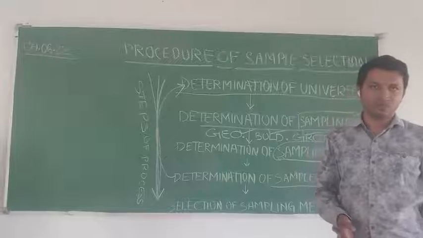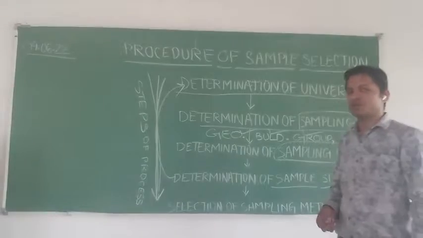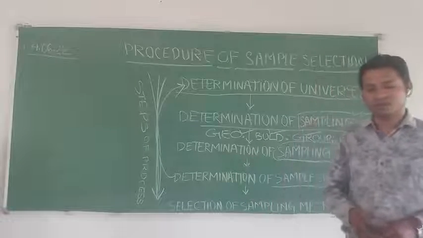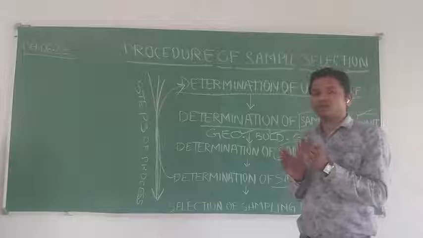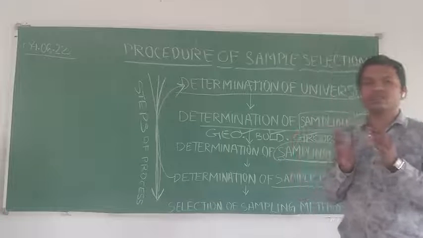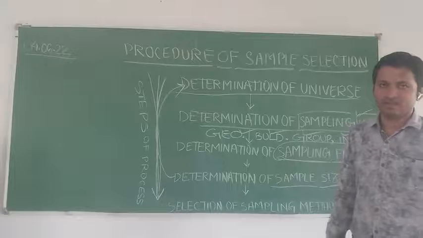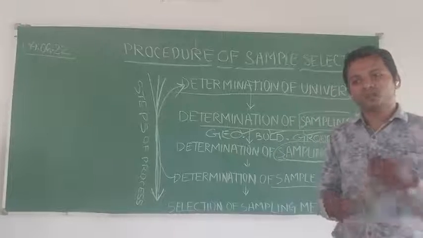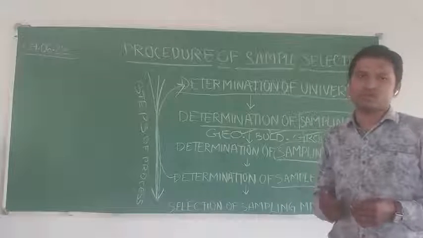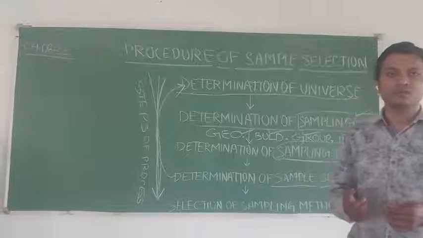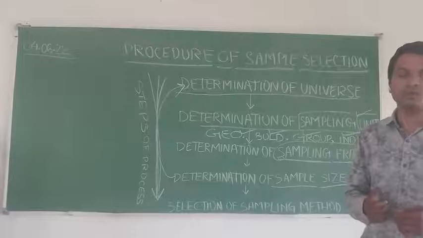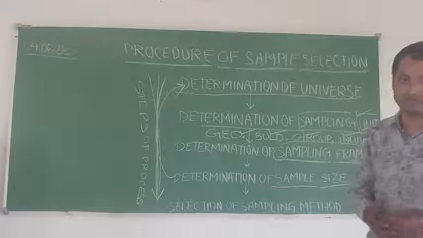We cannot just choose 5%, and we cannot choose 50% or more. There are two extremes, so a certain level and standard we have to maintain as our sample size. Sample size justifies our sampling universe. We have to take note of it and be very conscious about it.